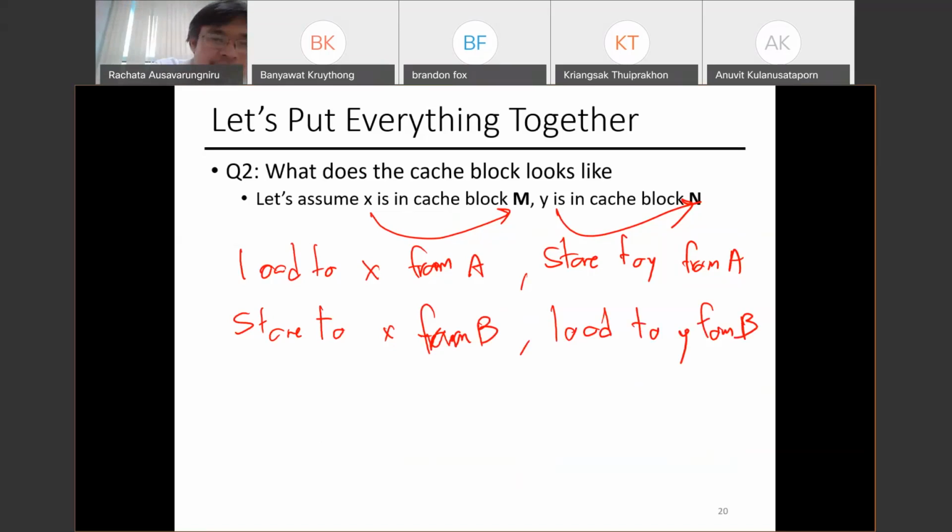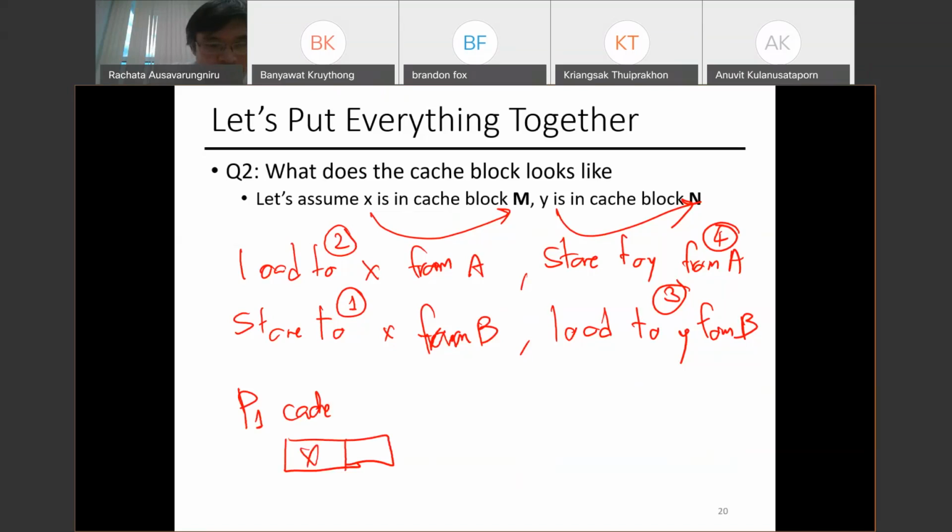Let's pick one order. Let's say this happened first, followed by this second, third, and fourth. You first do a store to X from B. You have the processor 1 cache for X, and for Y, the processor 2 cache.